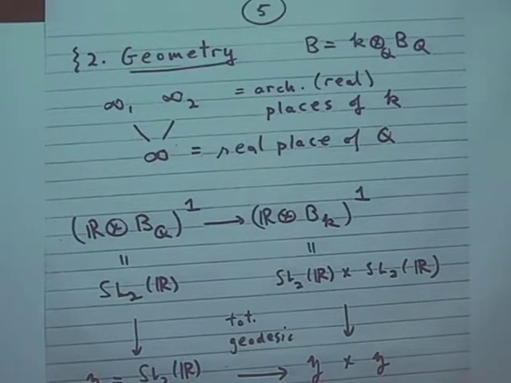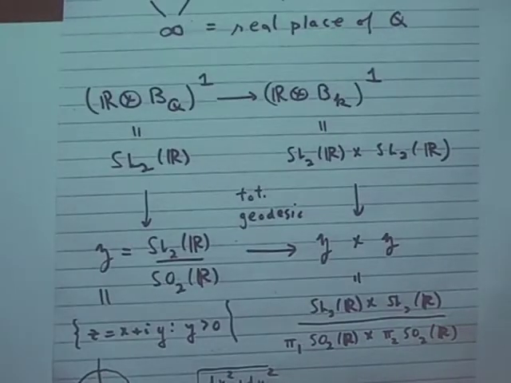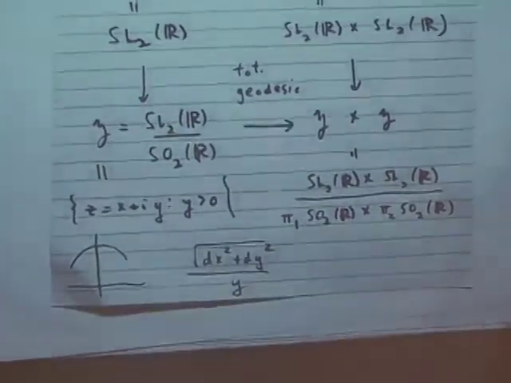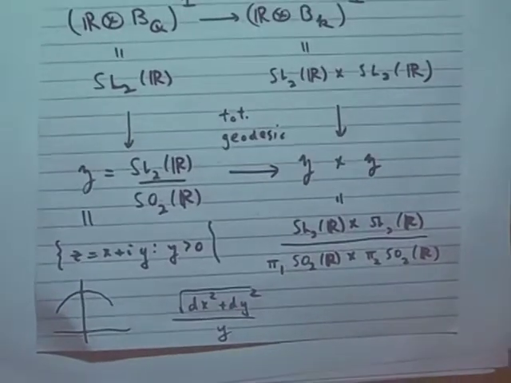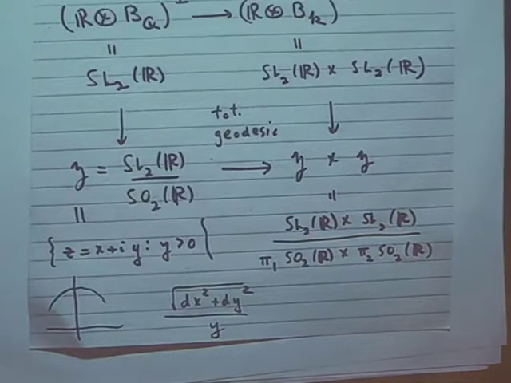One way to think about the upper half plane, which I've tried to sketch a little bit down here, is that it has a natural action of SL2, right? The upper half plane is x plus i y, where the y's are positive. And elements in SL2 act on the upper half plane by fractional linear transformations. Now, if you take the point i in the upper half plane, then the stabilizer of i is SO2R. So the map from SL2R down to the upper half plane is you just take cosets of SO2.